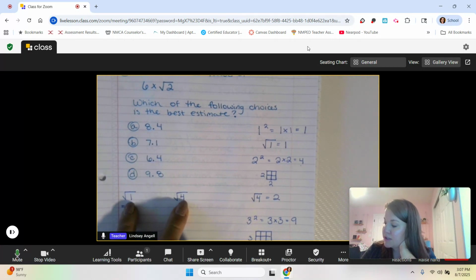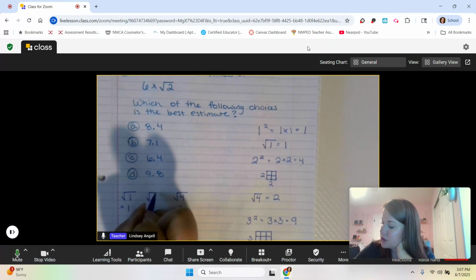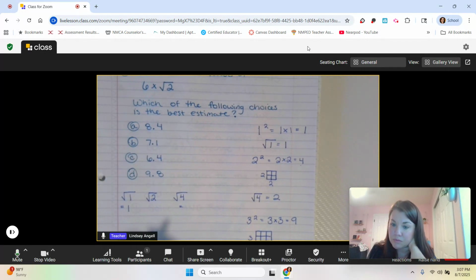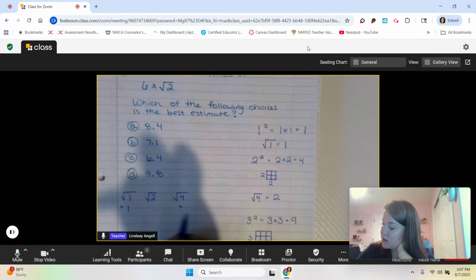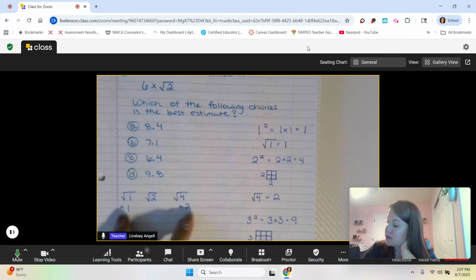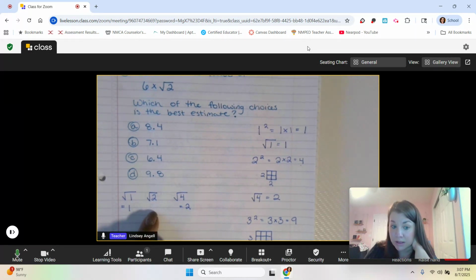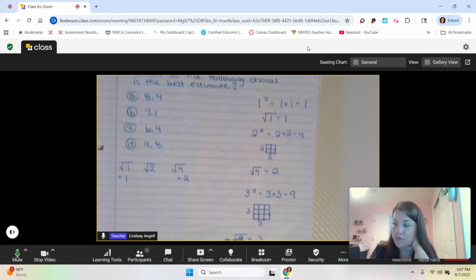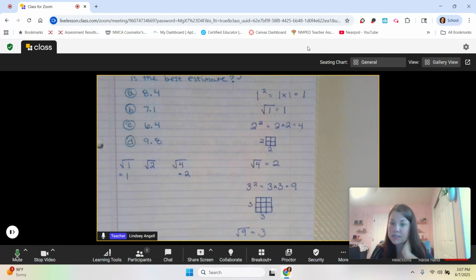These are the 2 perfect squares right around it. The square root of 2 would be right in between. Okay, that equals 1, and that equals 2. So we know that the square root of 2 is going to be somewhere in between the numbers 1 and 2. Well, the most obvious place to start first off is going to be 1.5.